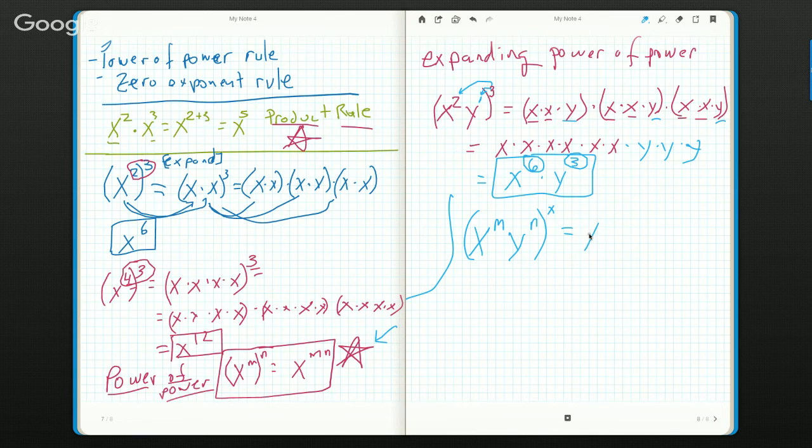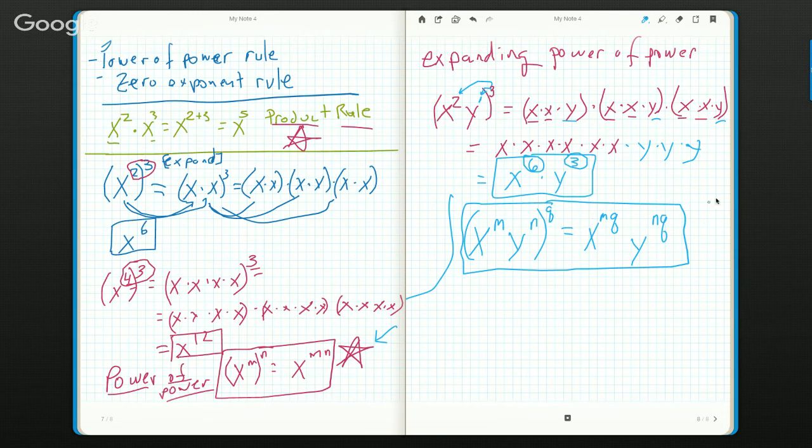Let's not make this an x, because we've already used x. So let's call this a q. So this will be x to the m times q times y to the n times q. And this is just an extension of the power rule.